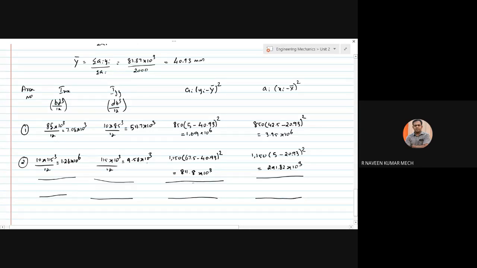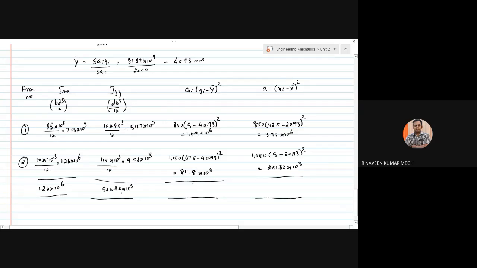Okay, now we add the summation values. 7.08 into 10 to the power 3 plus 1.26 into 10 to the power 6, we get the value 1.26 into 10 to the power 6. Similarly, 511.7 into 10 to the power 3 plus 9.58 into 10 to the power 3, we get 521.28 into 10 to the power 3.